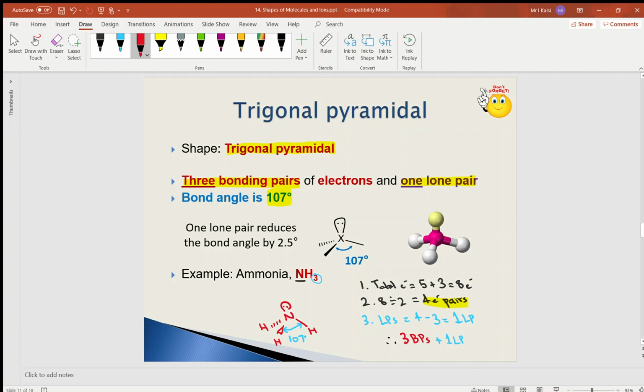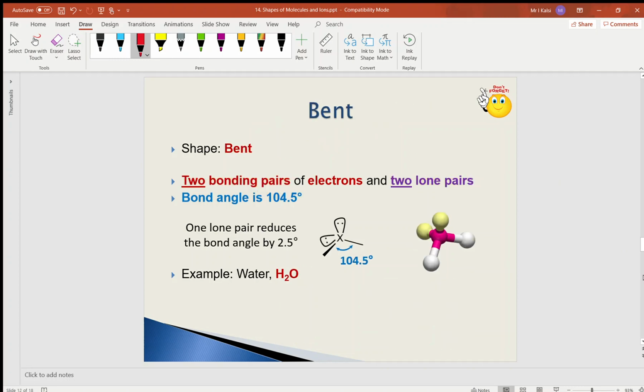Okay, I'm going to move on and do the next one, which we looked at with 2 lone pairs and 2 bonding pairs. That gives us a bent shape, or you can also call it a V shape, because you've got this lovely V shape there.